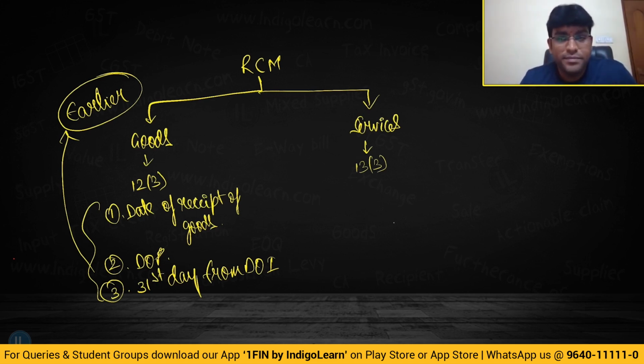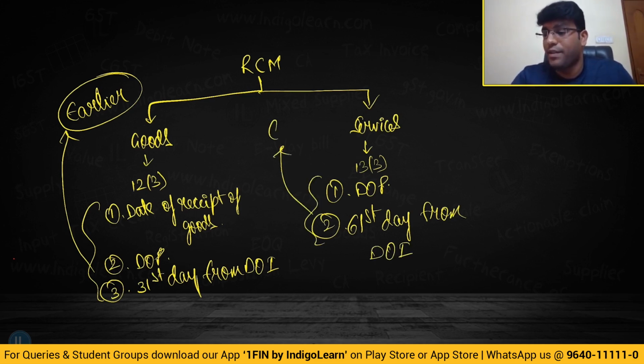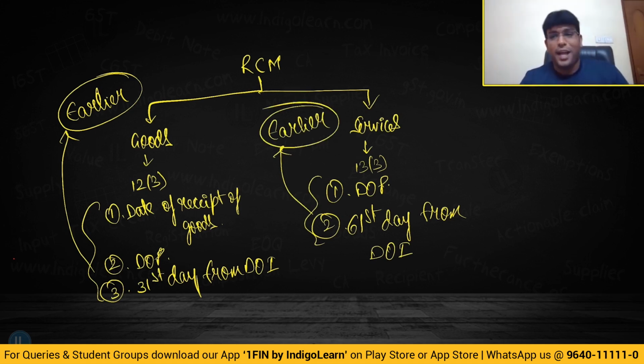Are we getting clarity, everybody? Now services, what they told is date of payment, second, 61st day from date of invoice. These two, obviously, whichever is earlier, no doubt about it. In time of supply, obviously, they will not tell later, because time of supply will actually get revenue to the government.